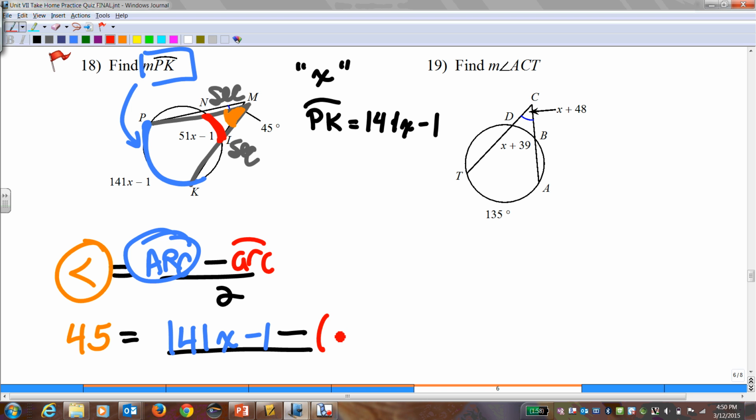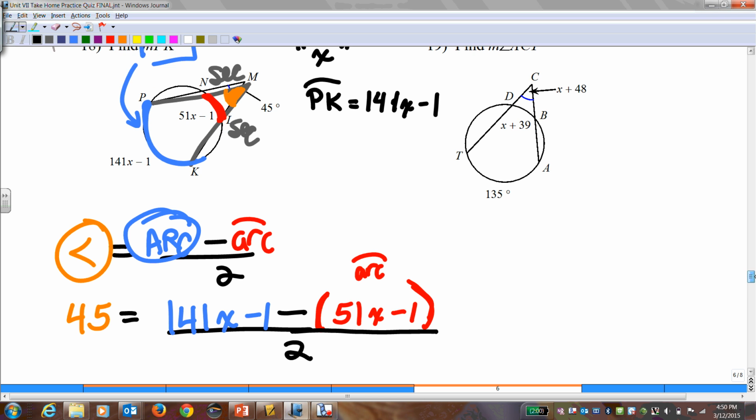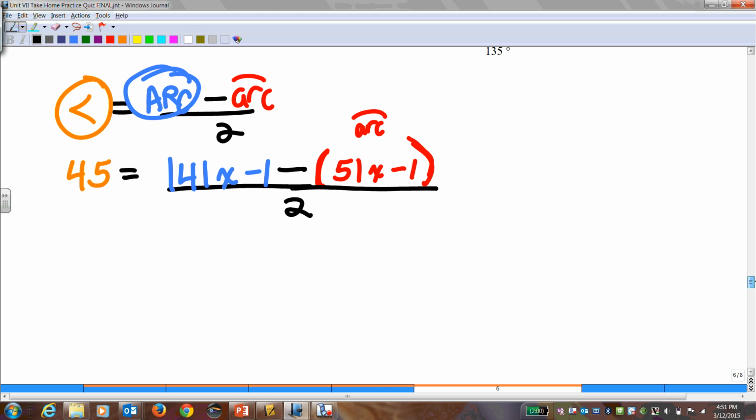You must put a parenthesis there because that's a single unit. You are minusing the whole arc. Be very careful that when you do that, you have a parenthesis there. Over 2. I'm going to help you with your math here very slowly. Make sure we're minusing that whole arc. So that's why you want parentheses around it, because it's a single entity.